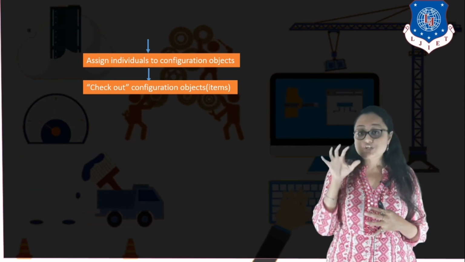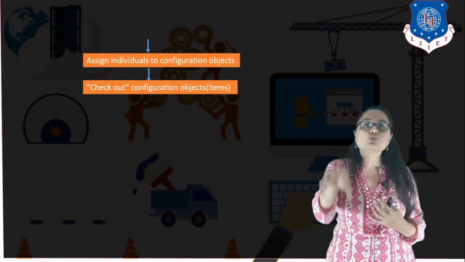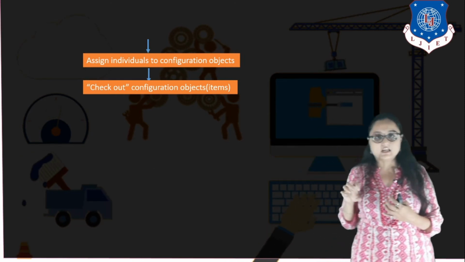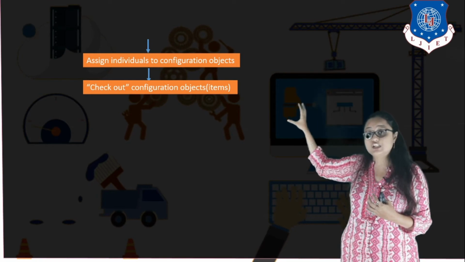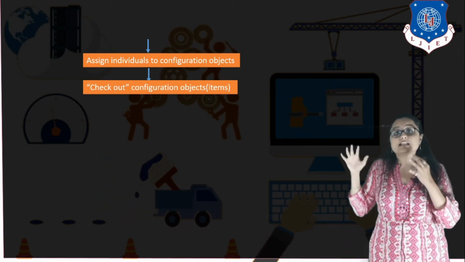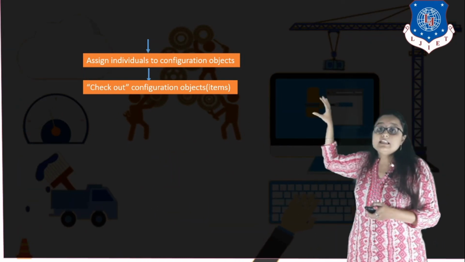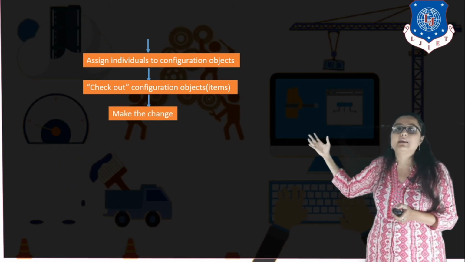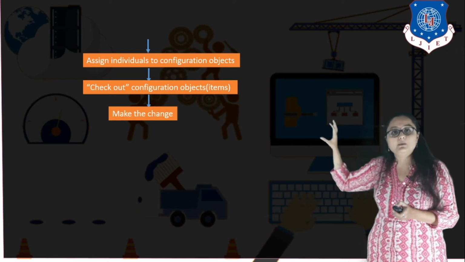There should be a mechanism in which one person, if he wants to collaboratively work on a file, has to check out that file, that is, the configuration object or item on which the change should be applied. He has to check it out so that all others get an idea that he is working on this particular object. So when he checks out an object or configuration item, then he can actually make the change. Once he checks out the item, he will make the change.